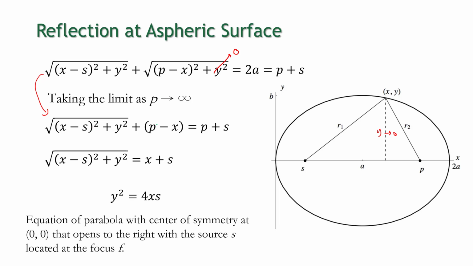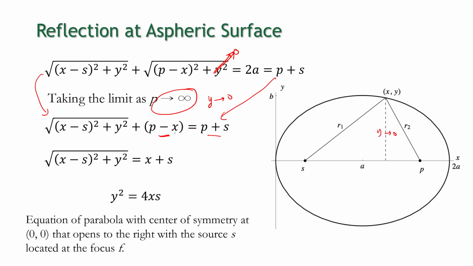For this one, p minus x, so this goes to 0, and that is what we will be left with. Then on the right side we have p plus s. The only thing we did here is when p is infinity, y goes to 0.